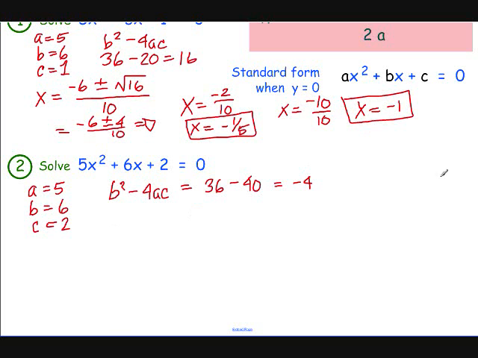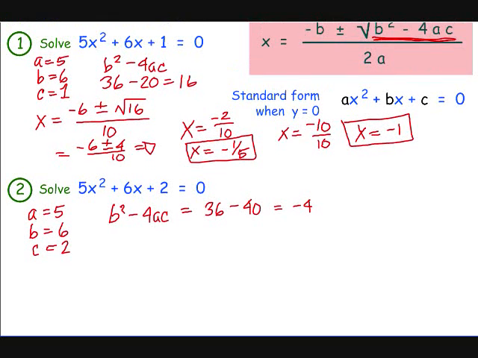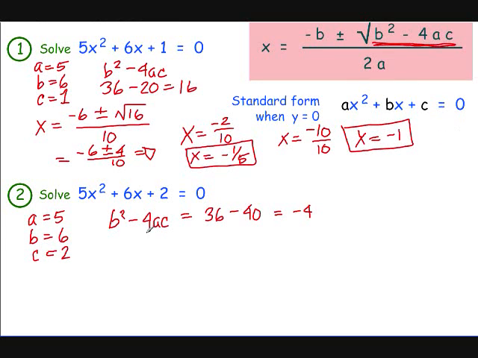So now maybe I could move this up a little bit so you can see the quadratic formula. My x is going to be equal to minus 6 plus or minus the square root of negative 4 all over 2 times a, which is 10.